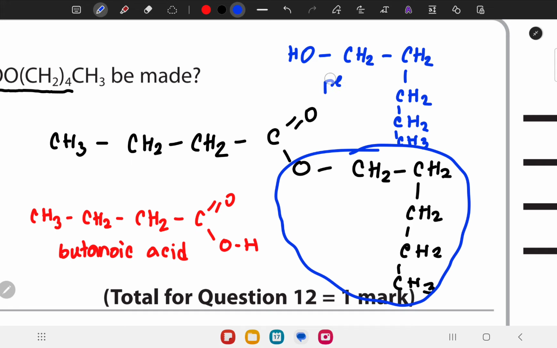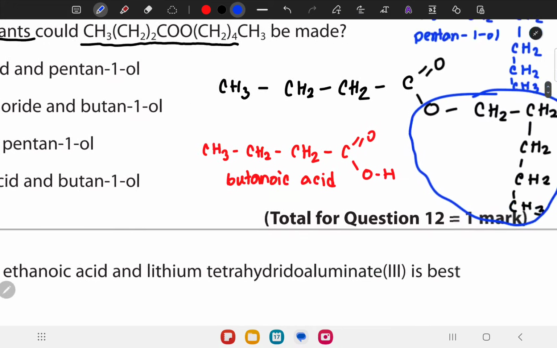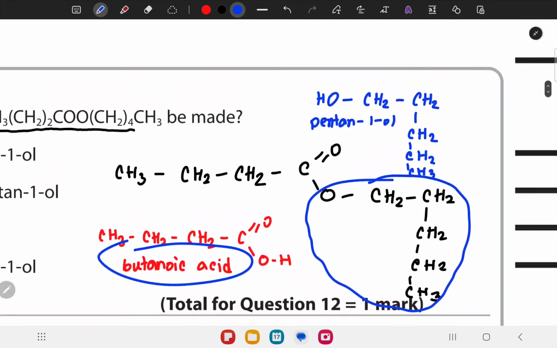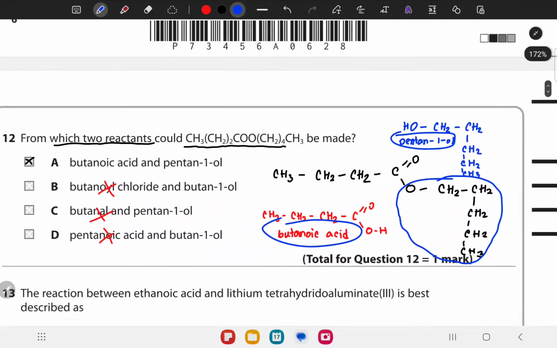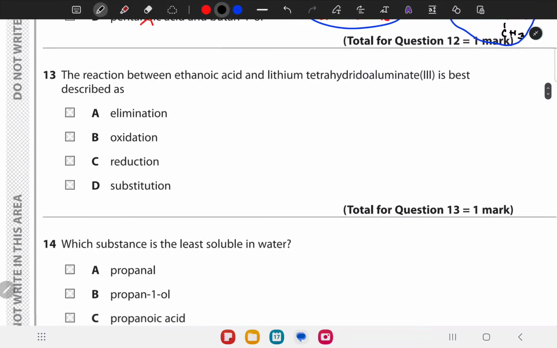So this is pentanol. So this must be pentanol with butanoic acid. The butanoic acid over here, the pentanol over here. So A is our only answer.